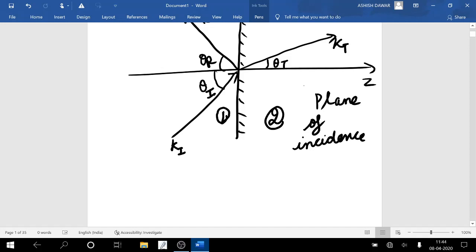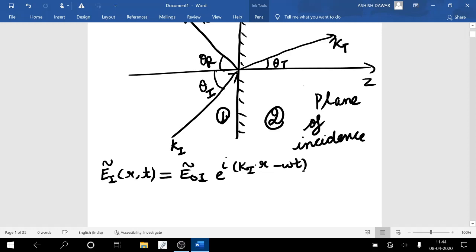Here the incoming wave meets a boundary at an arbitrary angle theta I. We suppose a monochromatic plane wave, EI(r,t) equals E0I exponential i(ki dot r minus omega t), and BI(r,t) equals 1 upon V1 ki cap cross EI.